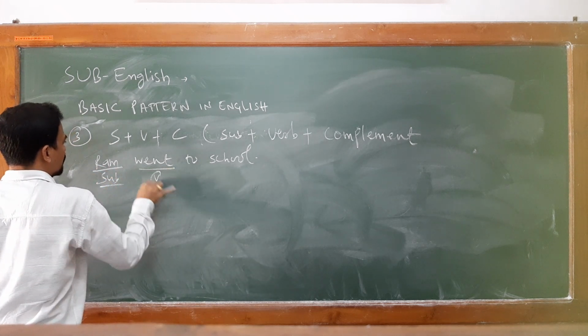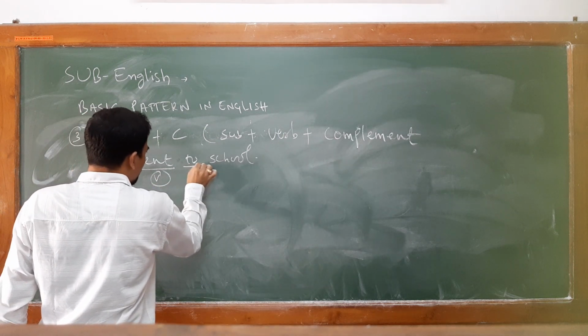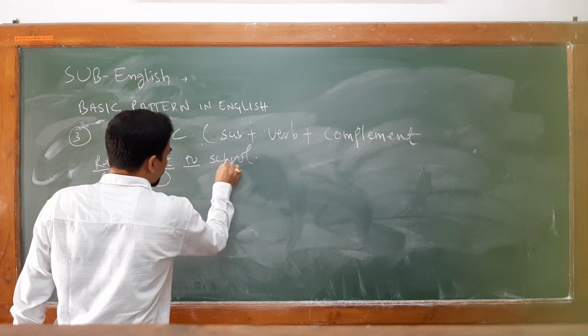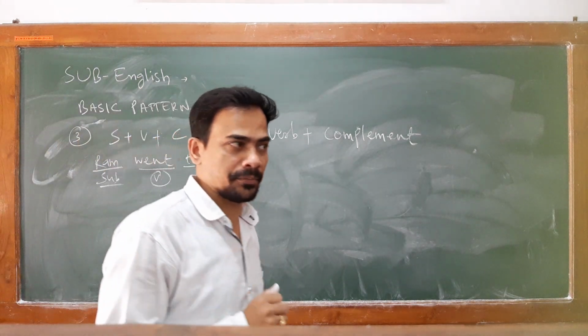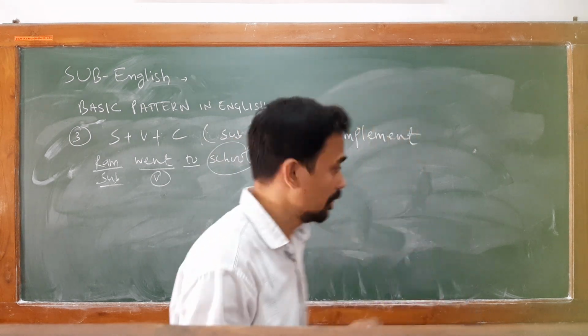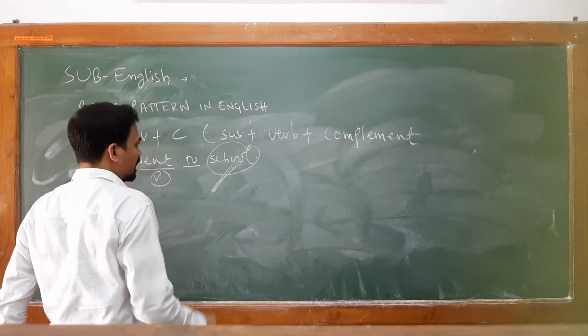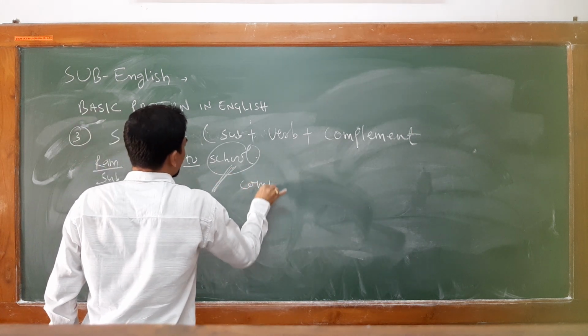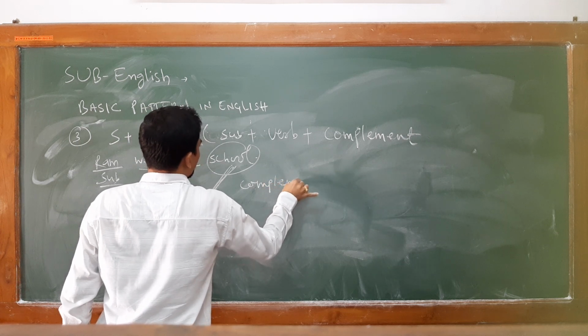The action word, this is your verb. Now, this is the preposition part, and suppose you have removed this part. Simply write, Ram went to, suppose. Are you able to understand anything? No. Now this full word is completing your sentence. So this is known as your complement.